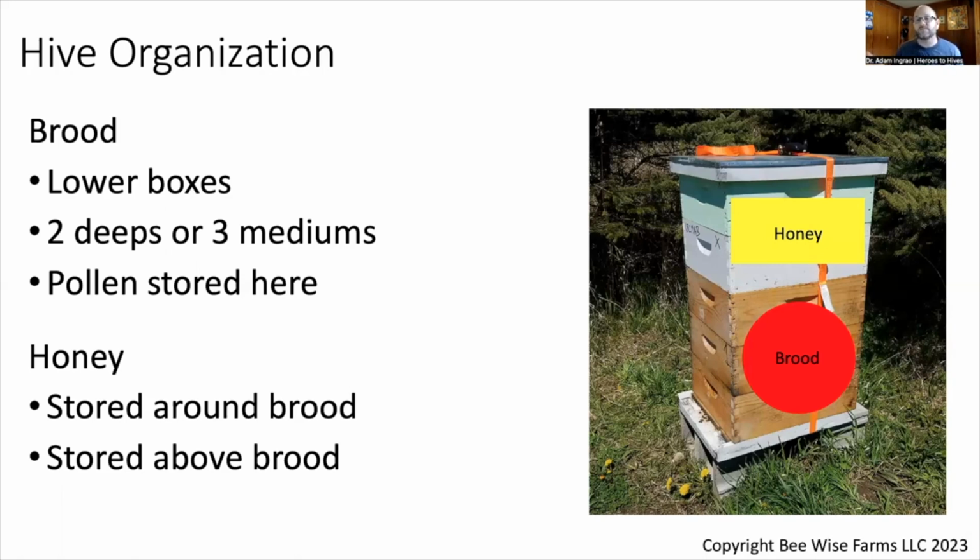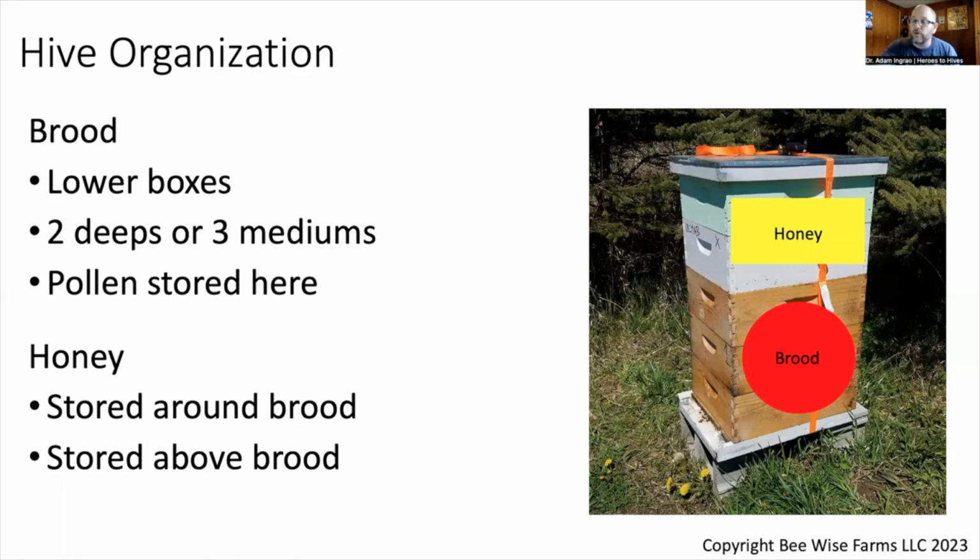The reason is that most of the time, and there are always exceptions, your queen's not going to wander beyond that 3rd medium or 2nd deep. She may lay a little bit of brood on the bottom of the first honey super, but she's not going to go much beyond that. So you don't have to have that. But essentially, the space comprised in that is the 2 deeps or 3 mediums.